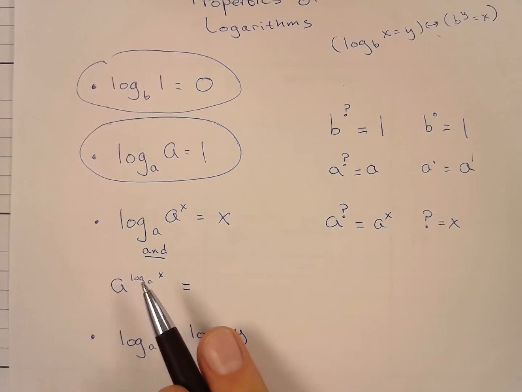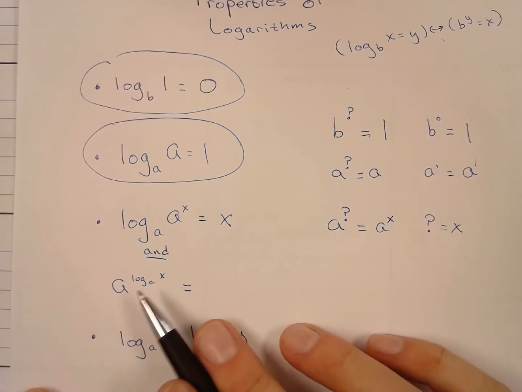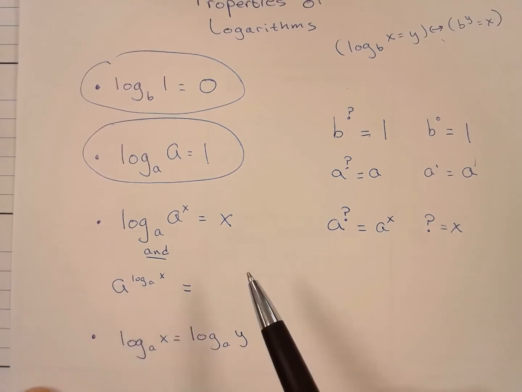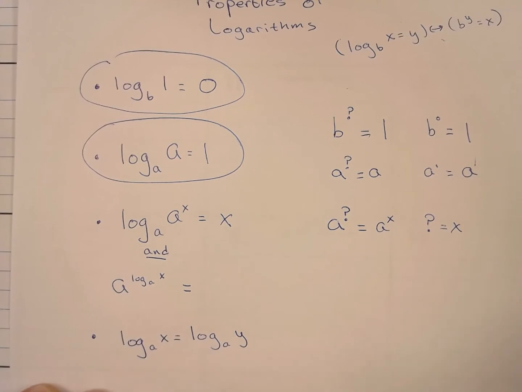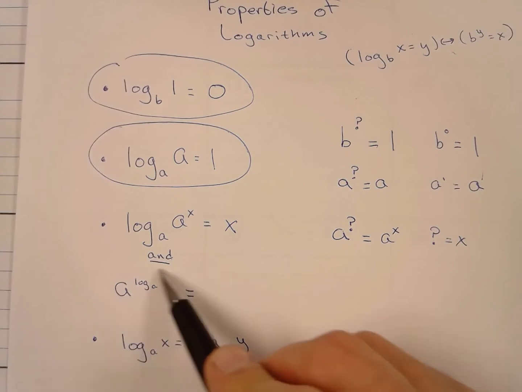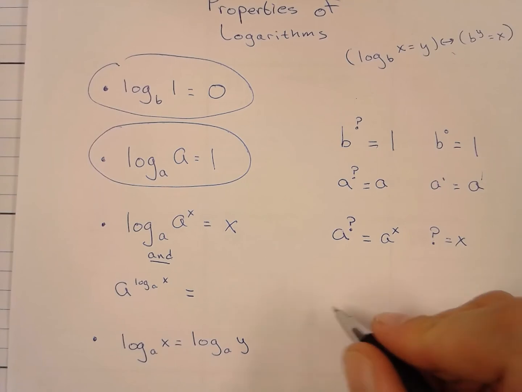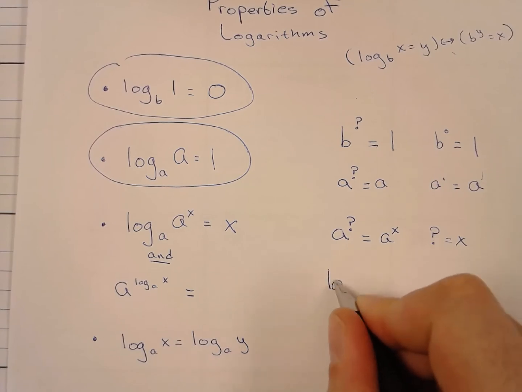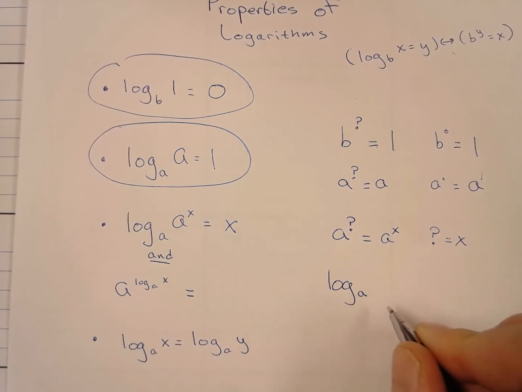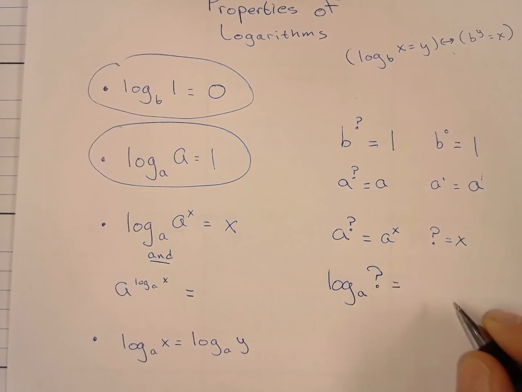This guy here is actually kind of the same thing, but slightly different. This one is in exponential form already. So use a little trickery here and convert this guy that's kind of in exponential form already into the logarithm form. So we have log base a of something equals log base a of x.